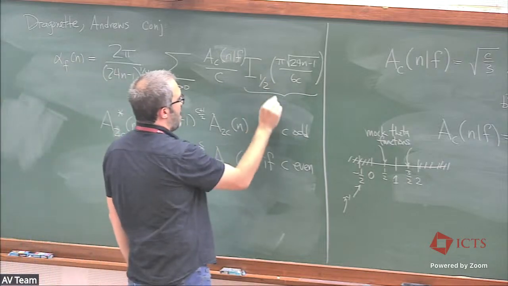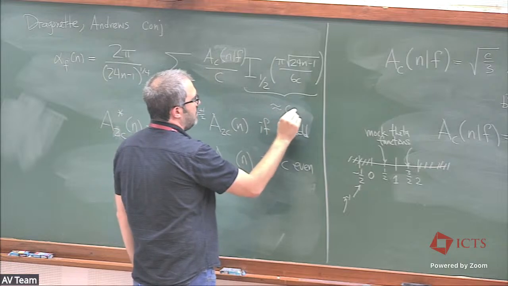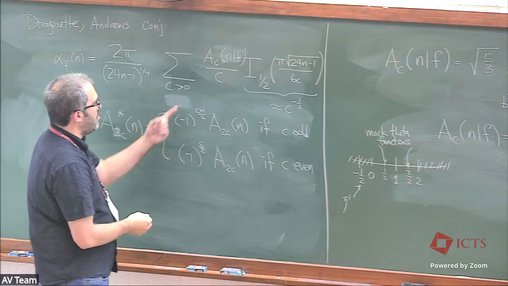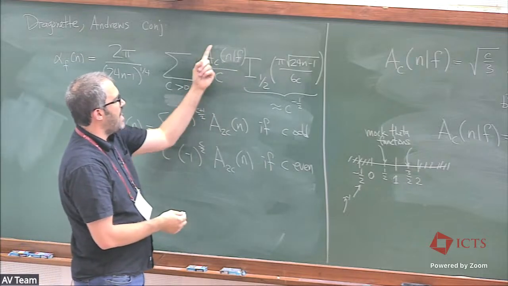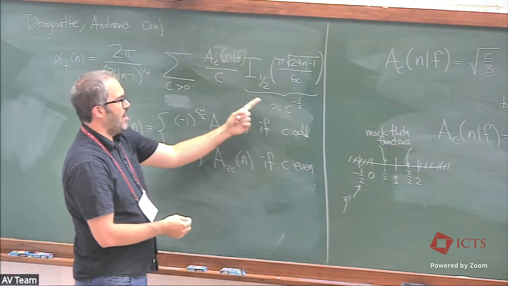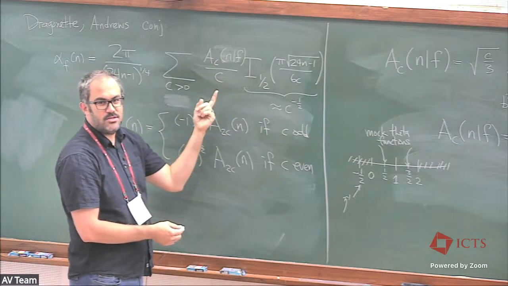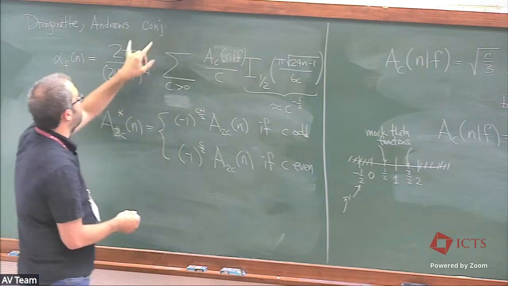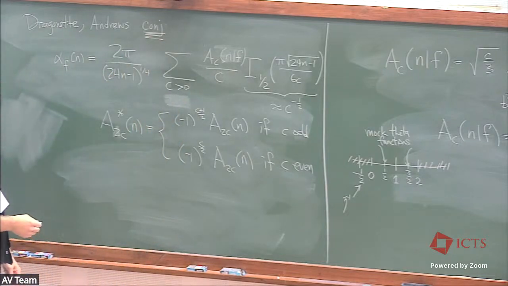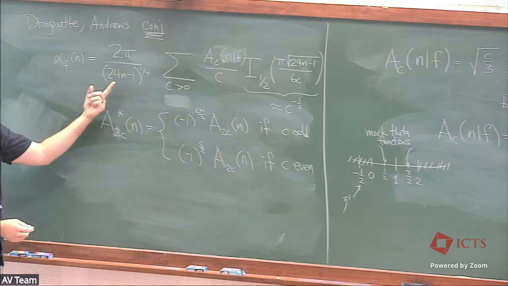And so I_{1/2} is approximately like c to the -1/2 as c goes to infinity. Well, remember the best thing we could do here was c to the 1/2 plus epsilon, and you cancel with that. Well, that's not enough to get convergence. It's just not good enough. And this is why this is a conjecture of Dragonette and Andrews, because it's not even clear that this sum even converges.